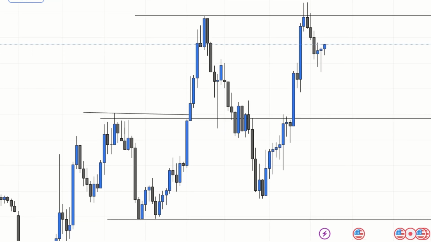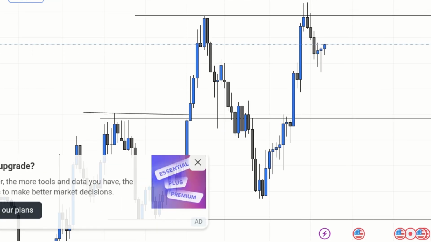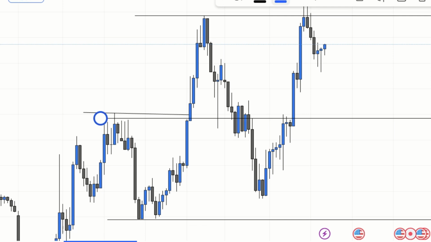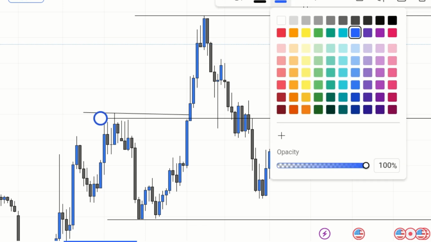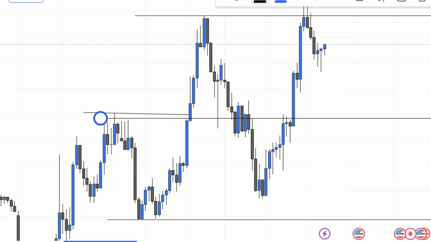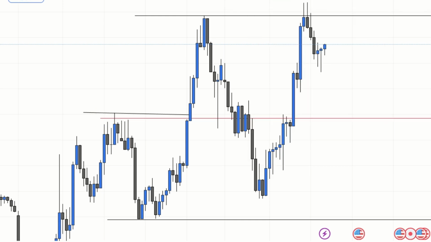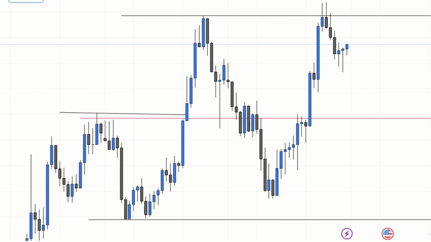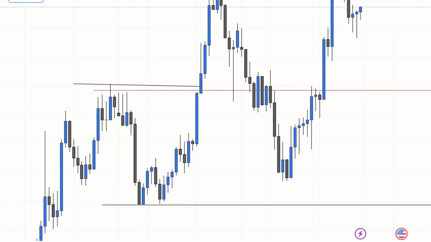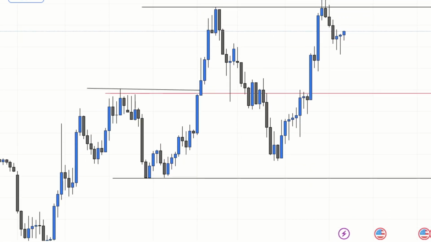So now this line, let me change the color of this line. Okay. This line right here will confirm to us our 50 fib level, right? So let me change it to red. Okay. So now when the market comes down here, right here, okay, it will confirm to us that yes, we are in our discount level, right?